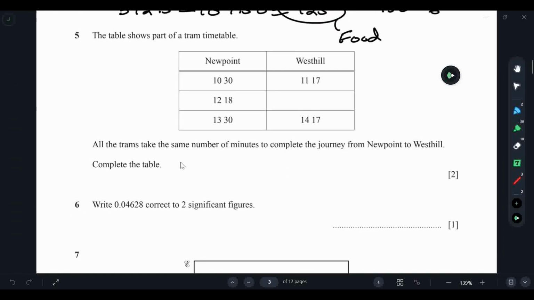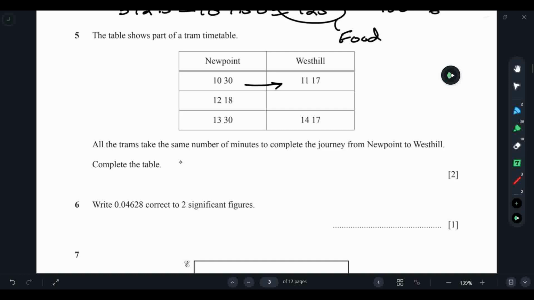In question number 5, the table shows a part of a tram timetable. All the trams take the same number of minutes to complete the journey from New Point to West Hill. Complete the table. First of all, we need to find the time difference.